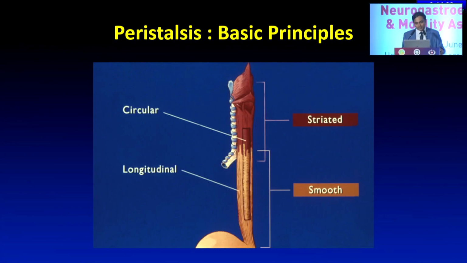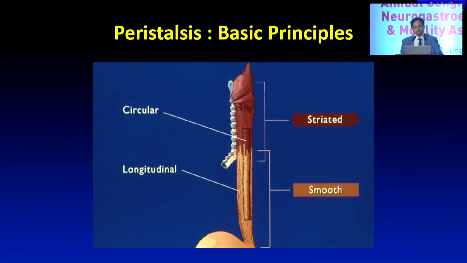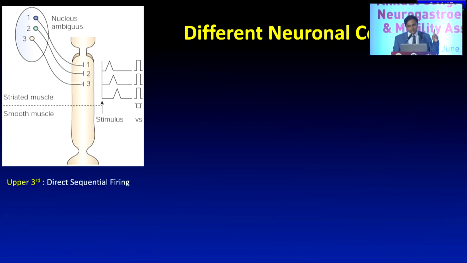In the next 15 minutes, to understand motility, first let's understand the basic principles of esophageal peristalsis. So the esophagus, the upper 1/3 is skeletal and the lower 2/3 is smooth muscle. So they behave differently. In the skeletal part, there is a sequential firing which occurs directly from the CNS to the skeletal muscles, and it causes a peristalsis.